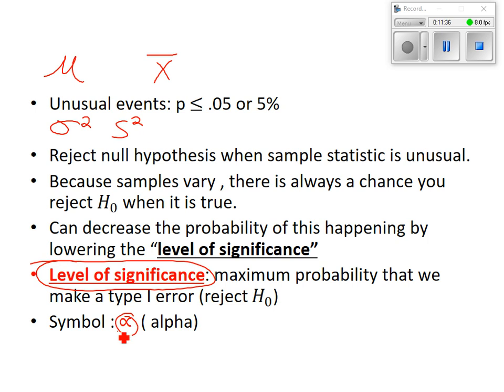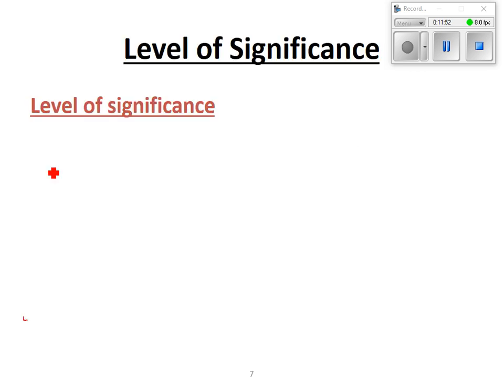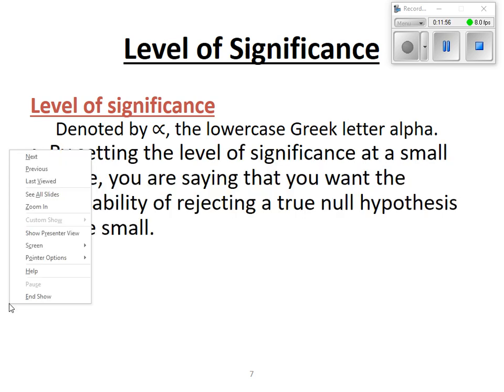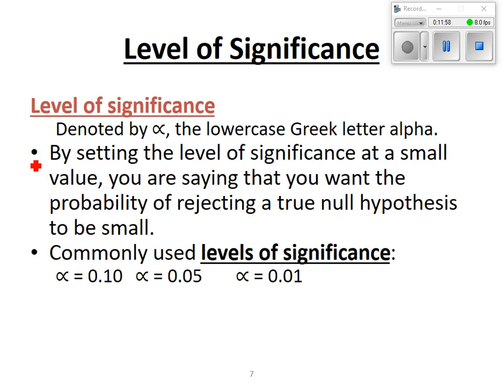Alright, so your alpha, and you'll see a whole bunch of different ones. That one looks completely different than the one before, it just depends where I get it from on the computer. Your alpha is your level of significance. You set the level of significance at a small value, what we'll usually use, 10%, 5%, or 1%.